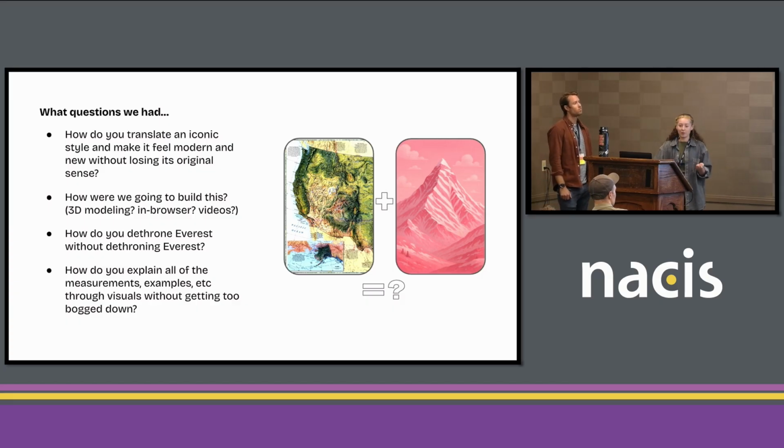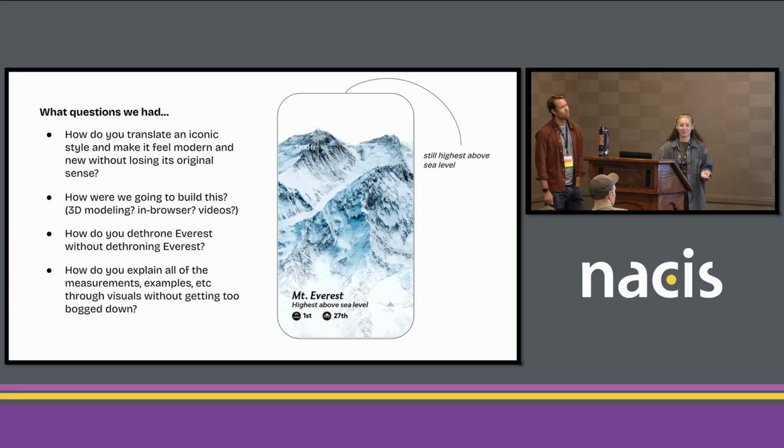We didn't know initially how we were going to do the actual 3D modeling of the mountains. There was consideration of doing it in Blender and then rendering them as videos. We talked about maybe doing them in browser. We ended up doing them in browser. But there was a process of deciding how that was actually going to happen. And then how do you dethrone Everest without dethroning Everest? Because it does still win for height above sea level.